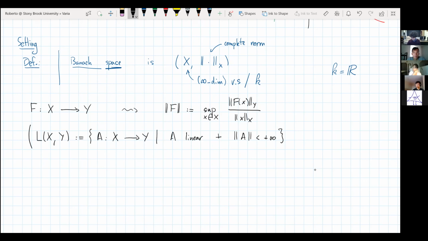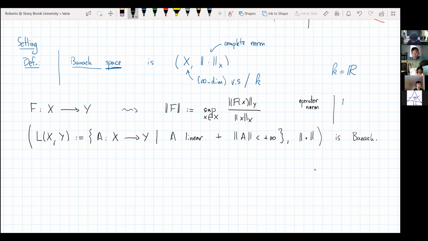Then we can look at this object with the operator norm. Oh yes, this is called the operator norm. So when we look at this object with this norm, this is a Banach space as well. And this will be important later.